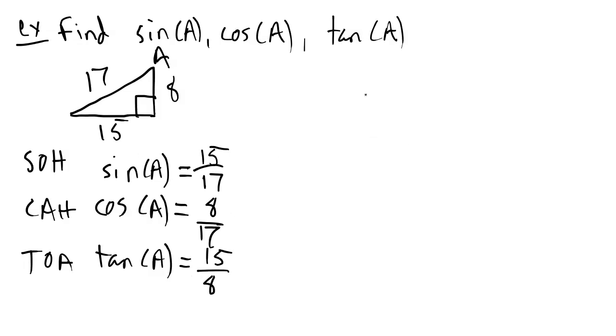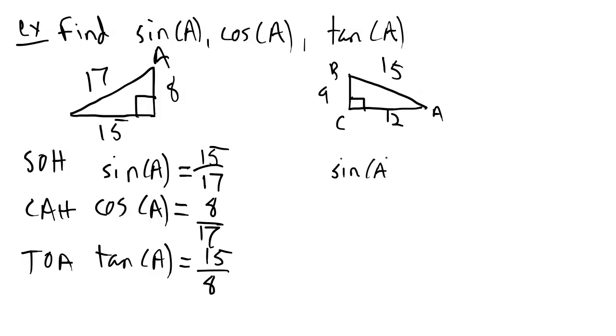Let's do one more quickly here. Say you have another right triangle. Call this angle A. And this has sides 9, 12, and 15. So sine of A is opposite over hypotenuse.